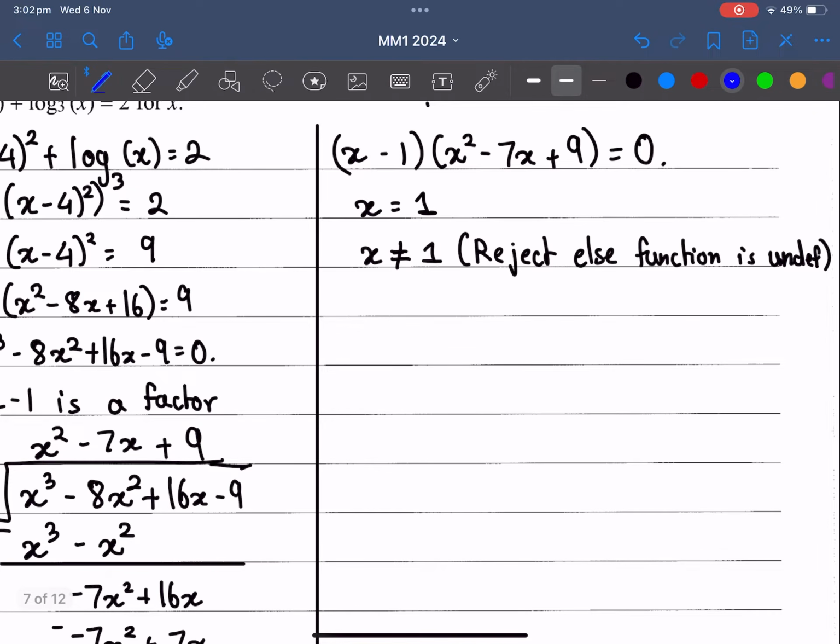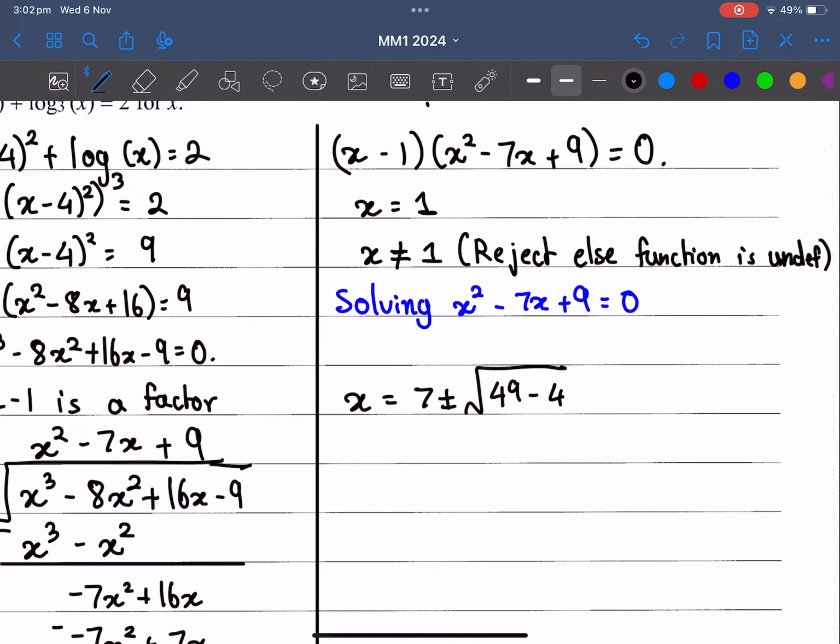So now let us solve for the other part. Can we actually factorize this first? 9, so it's going to be 3 and 3 or 9 and 1. Okay, so solving x squared minus 7x plus 9 is equal to 0. Using the quadratic formula, x is negative b, so positive 7, plus or minus the square root of b squared, 49, minus 4ac, so 4 times 9 times 1, so minus 36, all divided by 2.